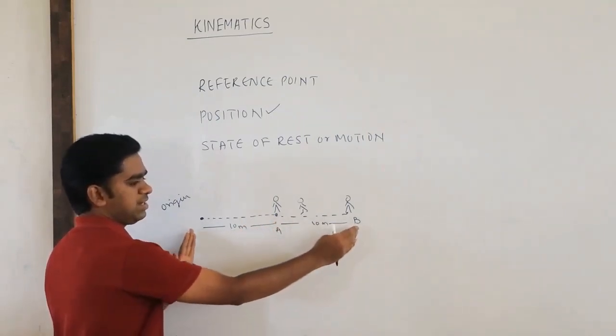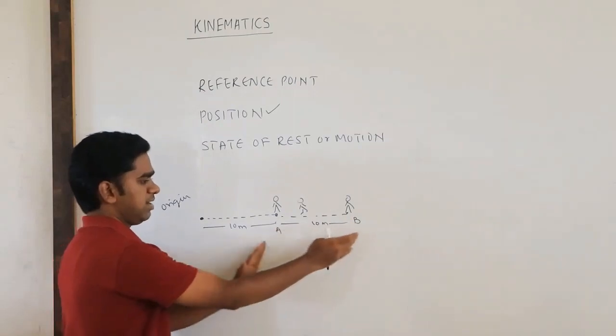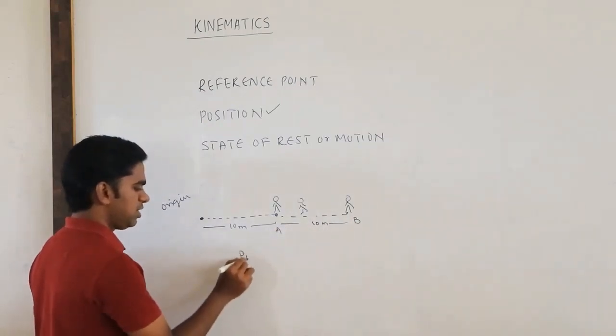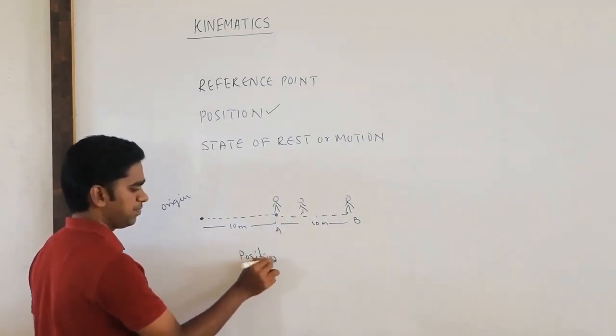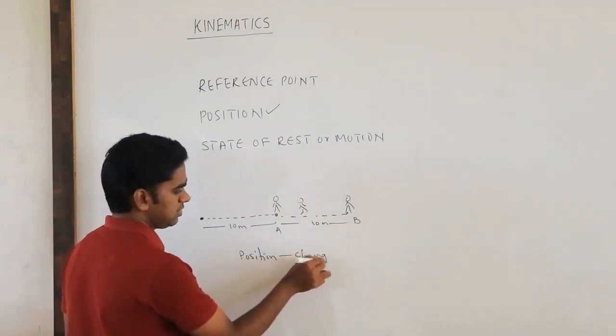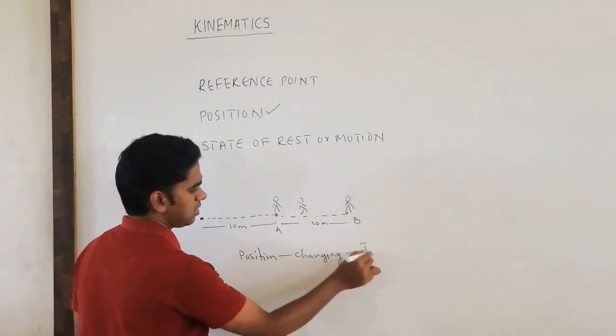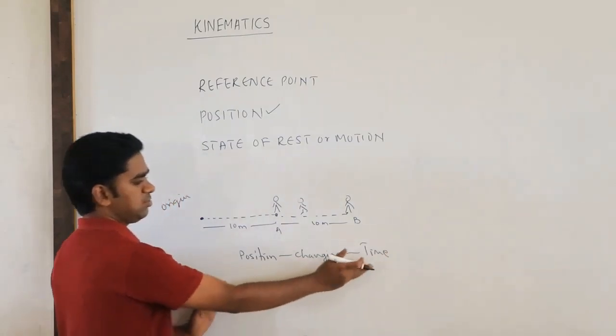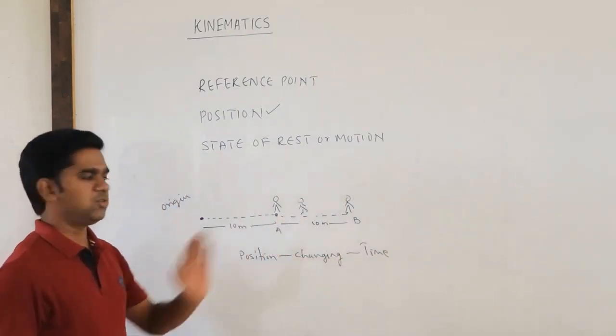Now the position is 20 meter, 10 plus 10. So position is changing with time. If position is changing with time, you can say he is in motion.